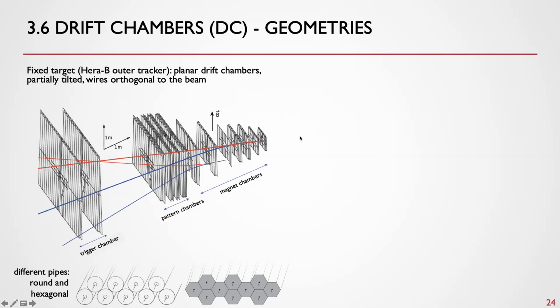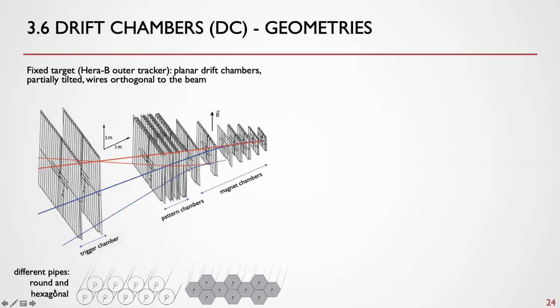So there's a fixed target collision somewhere happening here, and then there are magnets interleaved with drift chambers, and then there are tilted drift chambers to get two-dimensional measurements, and finally trigger chambers which have an independent timing measurement, so that they can also be used for triggering.